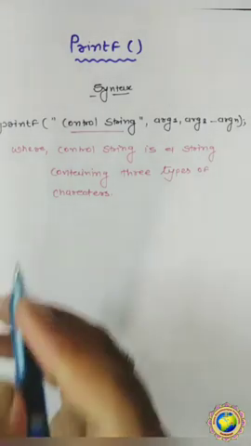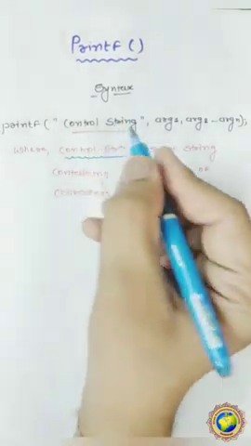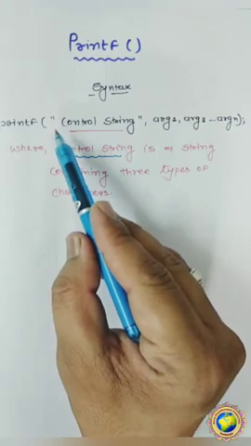Control string is a combination of characters. Like here, as you can see, this is the control string. આ ડબલ ઇન્વર્ટેડ કોમાની અંદર control string જે છે એ લખવાની છે.